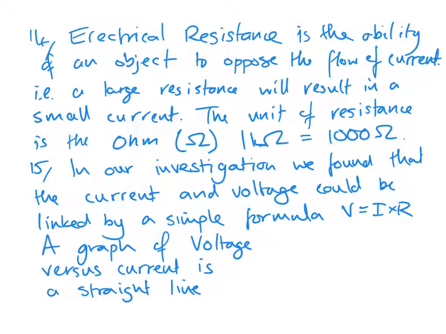So in sketch terms, if I plot a graph of voltage versus current, then we get a nice straight diagonal line. We found that wasn't the case for a light bulb, so the light bulb's a slightly more complicated situation we won't study just now. 16 and 17 together?